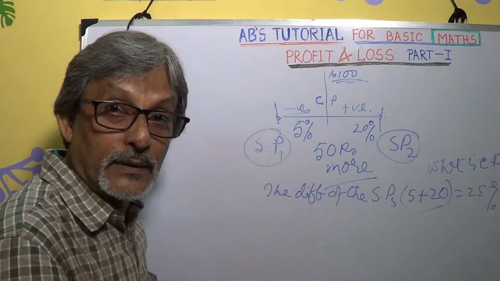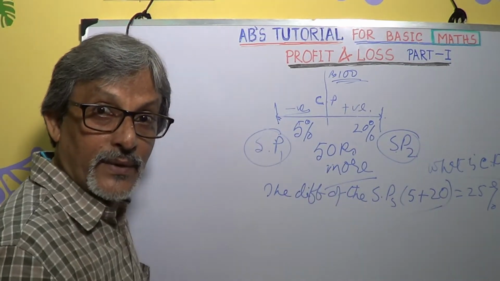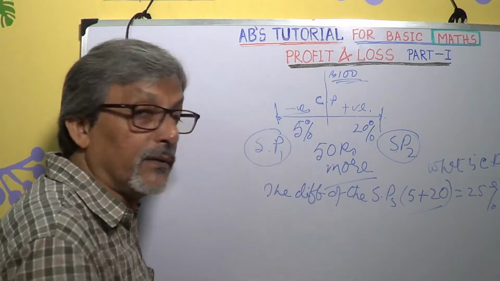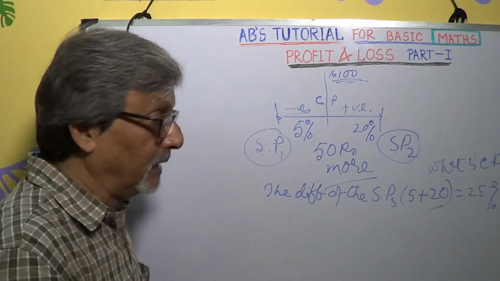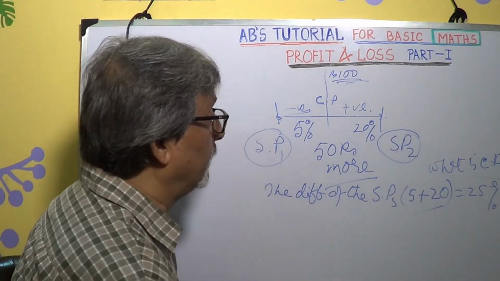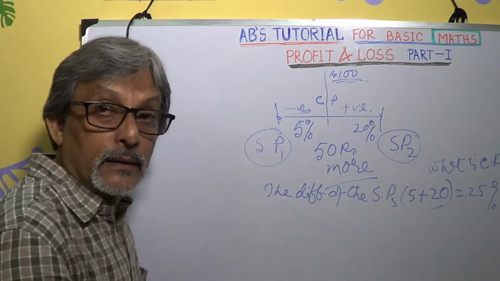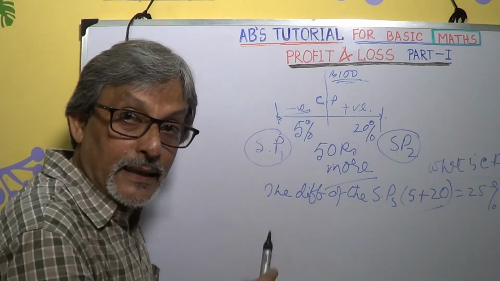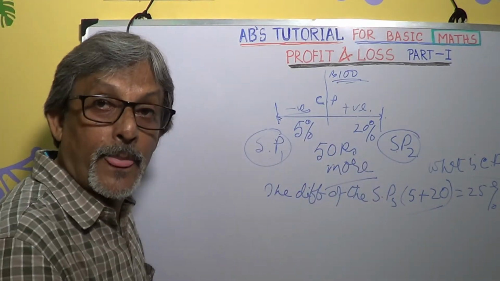If it is 100 rupees. Now, we see that in the sum it is given not 25 rupees. They are saying that 50 rupees. If we sell the article 50 rupees more, then and only then we can make a profit of 20%.